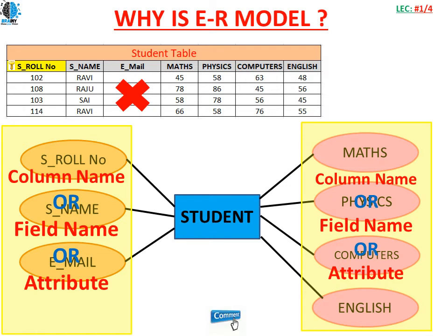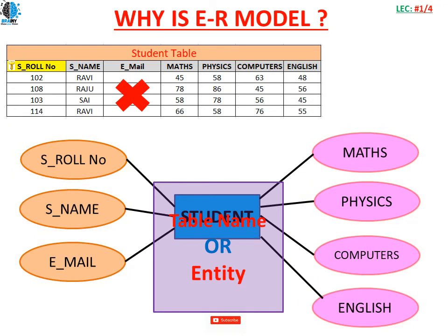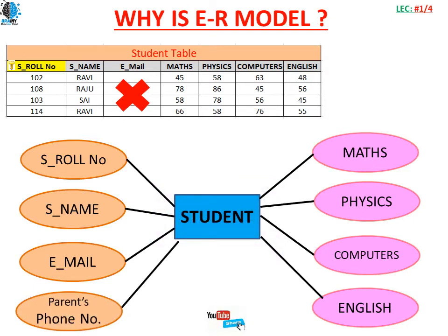Let's see this in more detail. As we know, this is a table name or the entity. Let's consider our same problem. If I want to have many more columns in my conceptual model, that is the blueprint, how can I get this? Simply, I have to add different attributes to my existing entity.